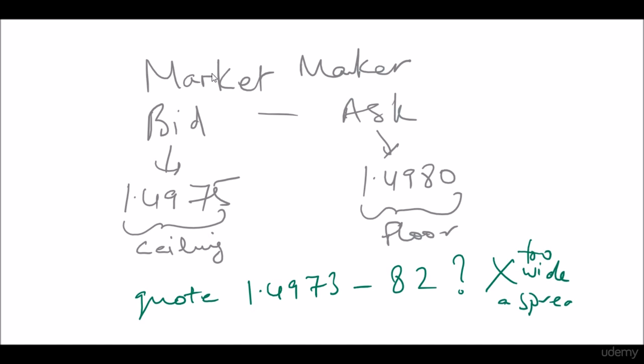So this illustration shows us how we can construct a cross rate from the bid and ask prices in the market. Now, the spread in the price 1.4973 and 82 is a massive spread of 9 pips, which no one would make a trade on. If you quote this in the market, the price taker would walk away and no one would hit you on that price.